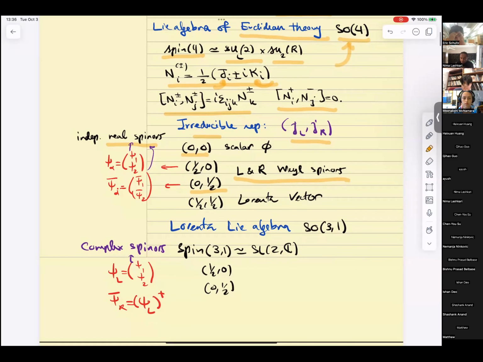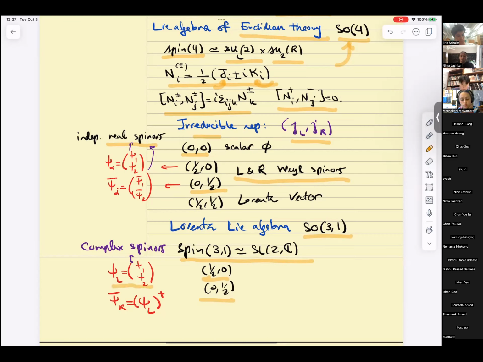Then we mentioned that, okay, so that was the Euclidean theory. We're interested in the Lorentzian theory, so it's a little bit subtle. What we're interested in is SO(3,1) and not SO(4). And in this case, the spin group is SL(2,C). What that implies, if you are not interested in the group theory side of it, is that the left and right-handed spinors that you found are no longer independent real spinors.